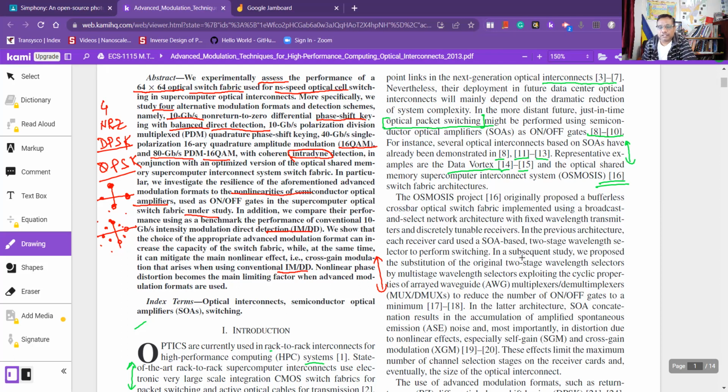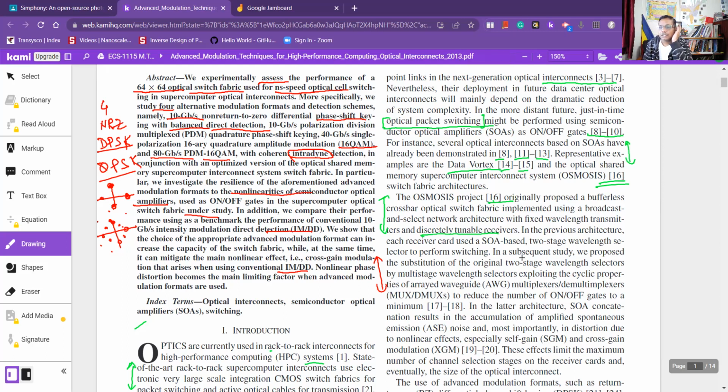Now next is the OSMOSIS project 16, which originally proposed a bufferless crossbar optical switch fabric implemented using a broadcast and select network architecture with fixed wavelength transmitters and discretely tunable receivers. So they are going a little bit into detail as far as paper number 16 is concerned. OSMOSIS full form is optical shared memory supercomputer interconnect system.